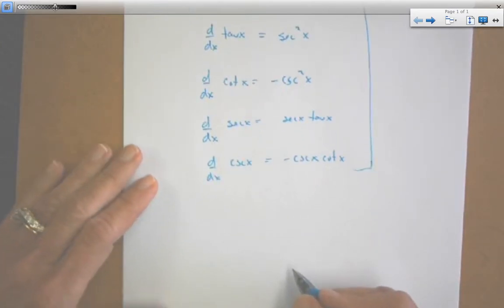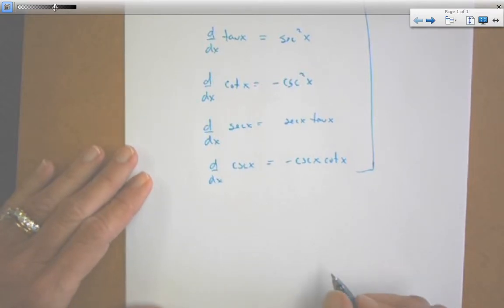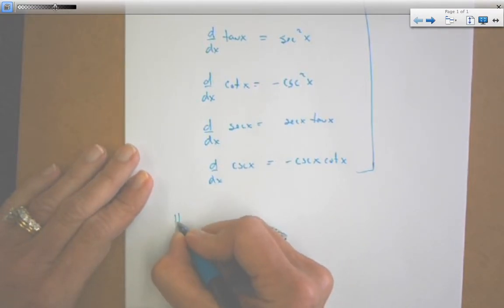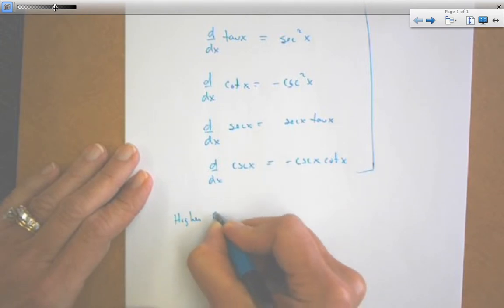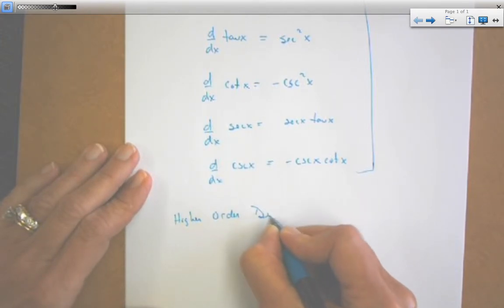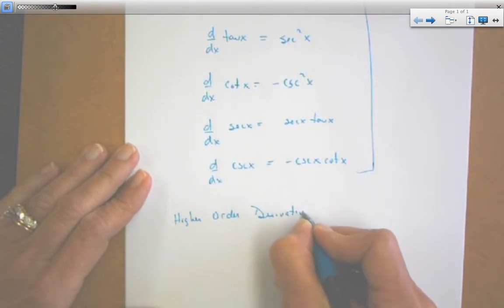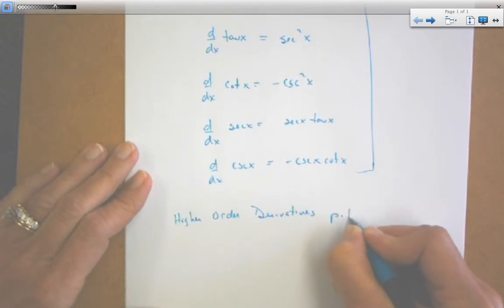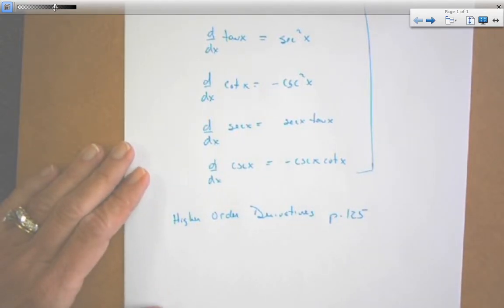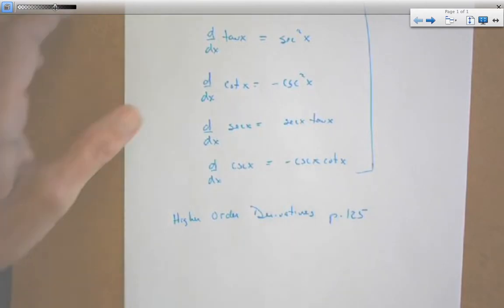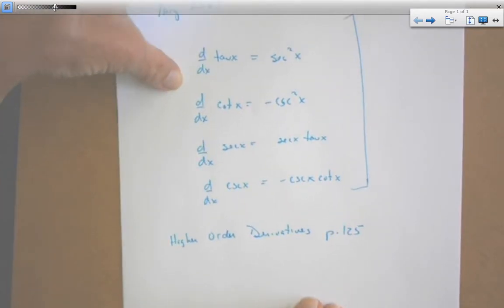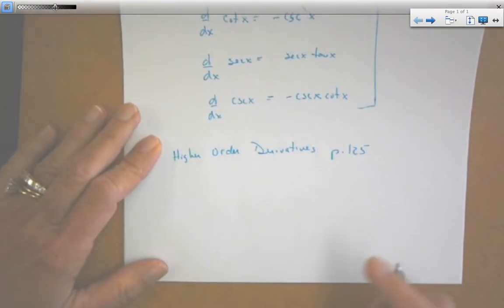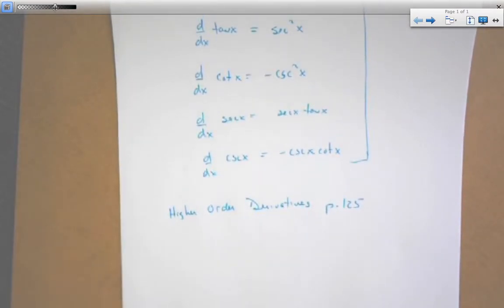The next topic in 2.3 that we need to talk about is higher order derivatives. And this is on page 125 of your book, if you want to look at that page. So to express higher order derivatives, all the notation is written for you on page 125.